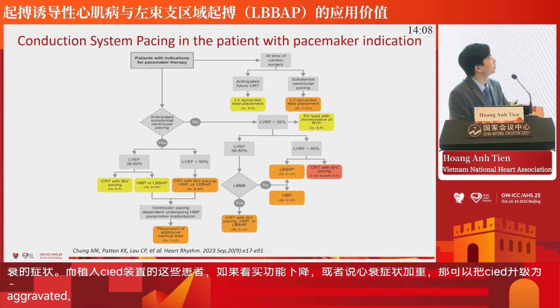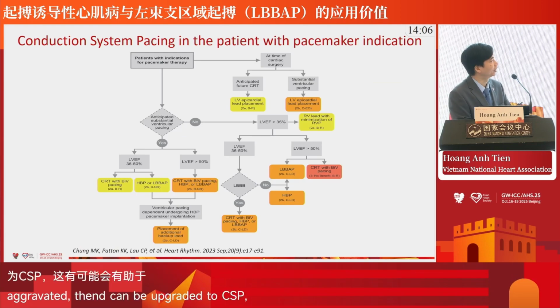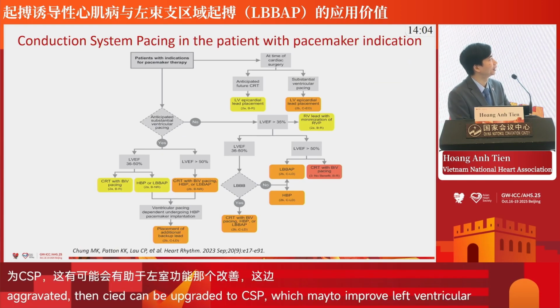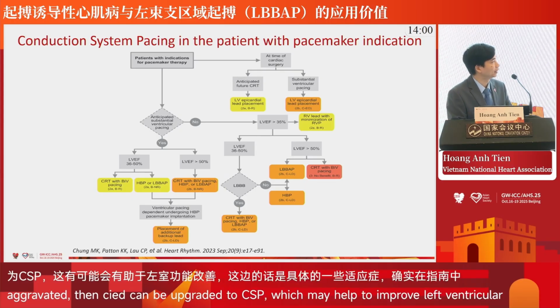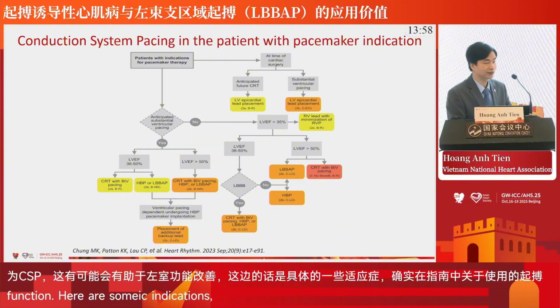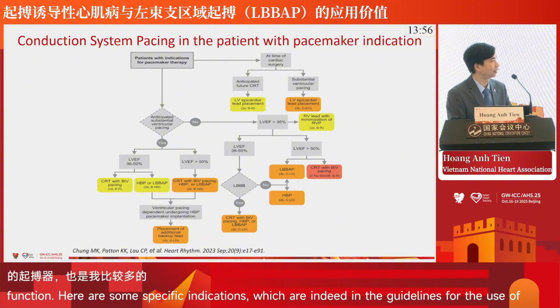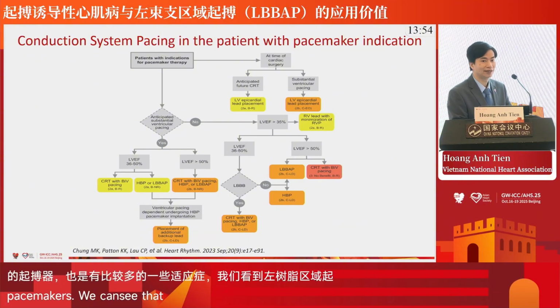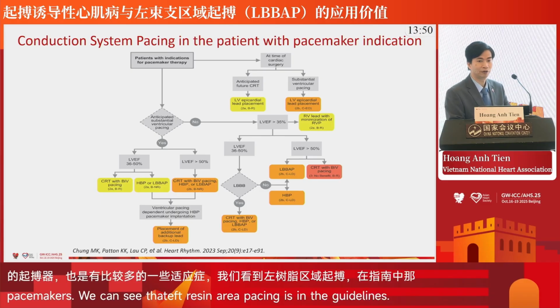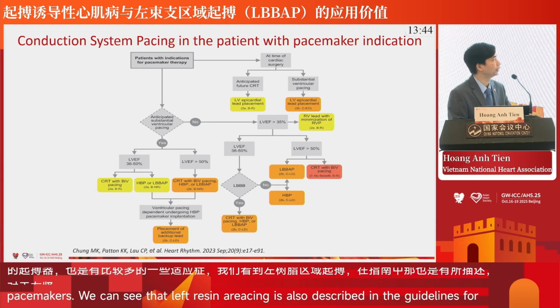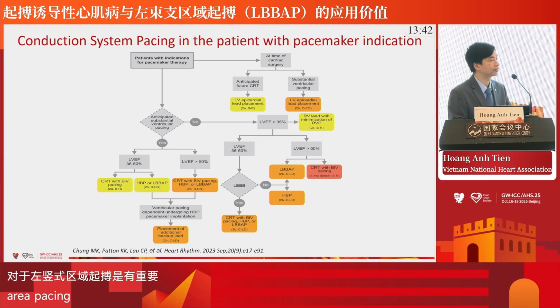Here are a lot of the indications in the guidelines for using the pacemaker, and you see that left bundle branch area pacing is present almost everywhere in the guidelines. It has an important role in patients with an indication for a pacemaker.